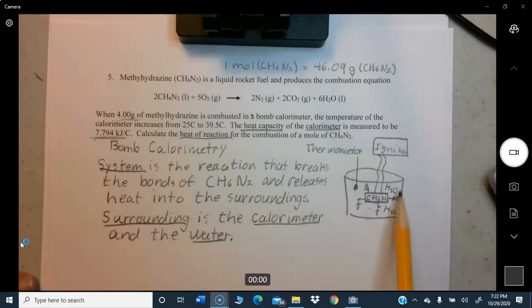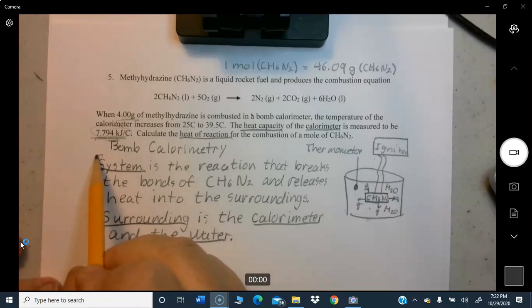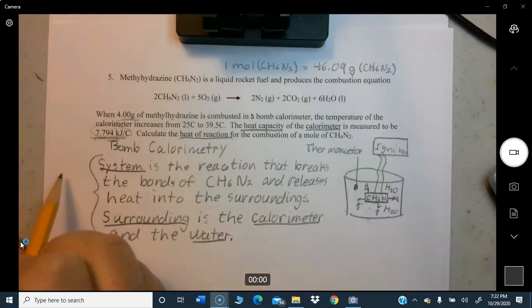If it's a bigger calorimeter with more metal or more whatever is containing it, it's going to have maybe a higher heat capacity, for example. You don't have to worry about all that. Just understand the distinction here between this number and what we used, 4.18, for water and the solution in the previous problem. It actually makes the formula a little bit simpler. And again, these two together are the universe.